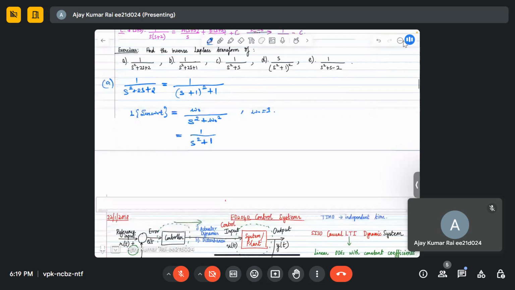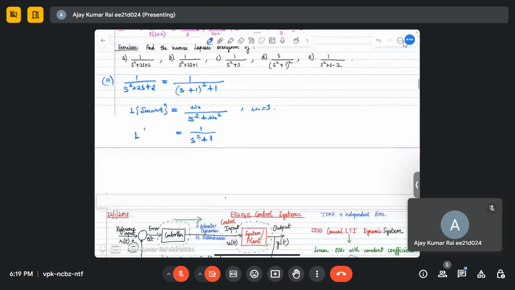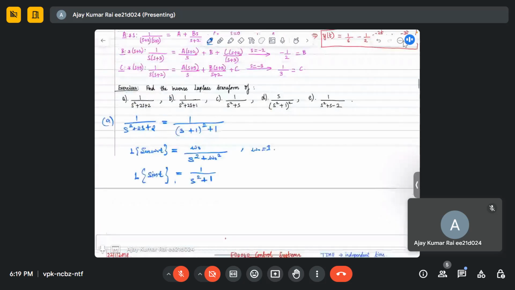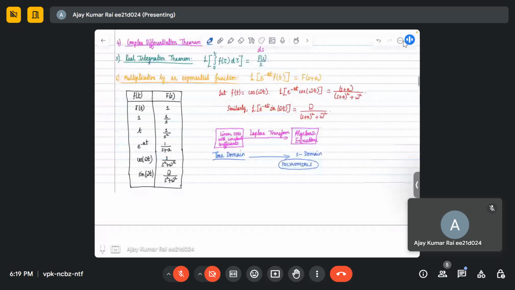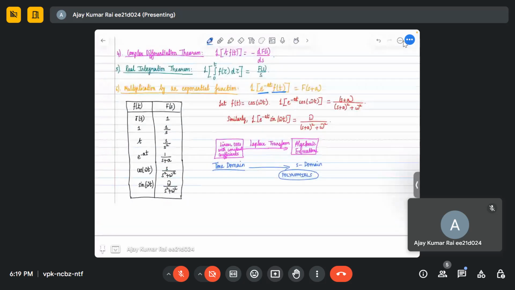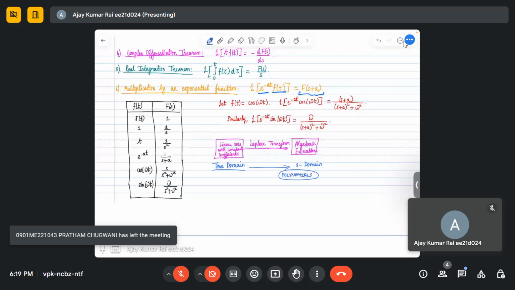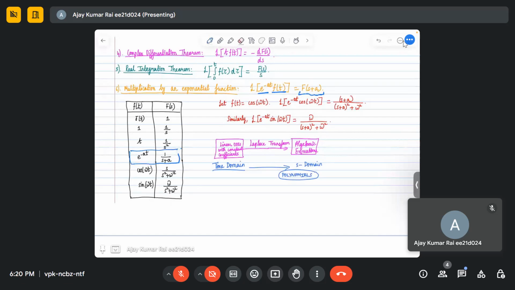So this is the Laplace transform of sine t. And we know, if we multiply f of t with e to the power at, then in the Laplace transform you'll get s plus a, right? We will use this property here.